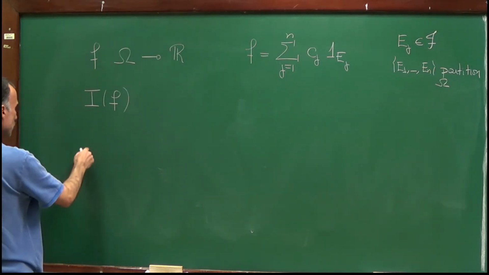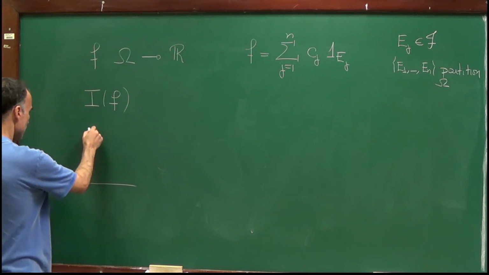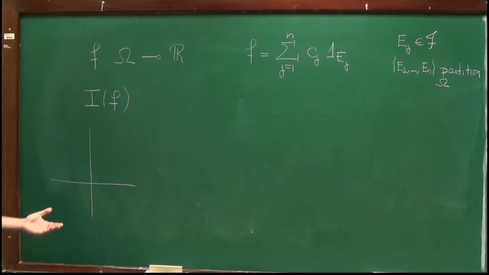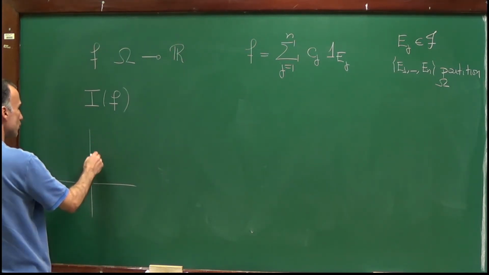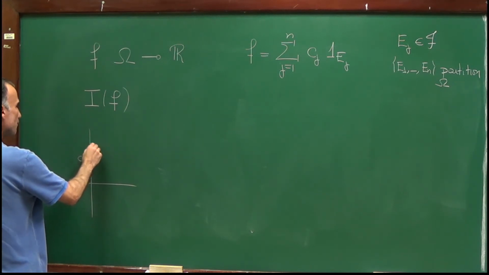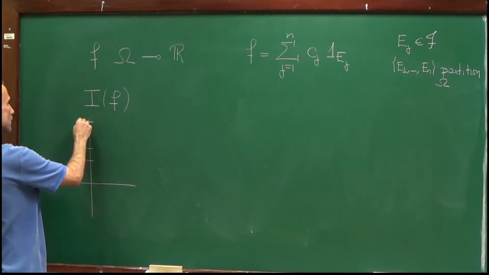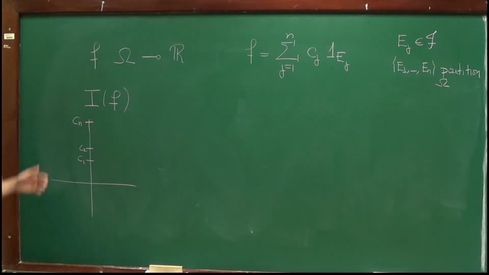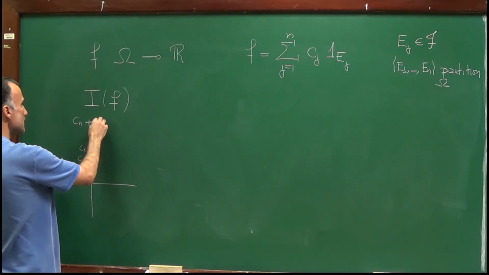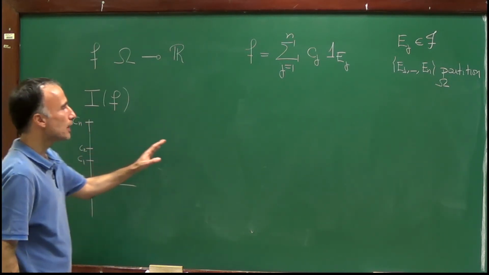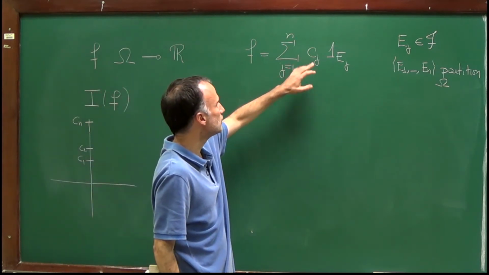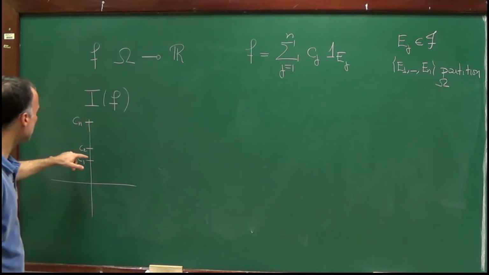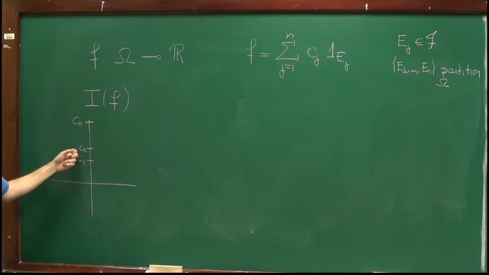What's happening here is that this function takes only the values c1, c2, ..., cn. They could be negative, but let me represent them by non-negative numbers. Remember that I'm not requiring these values cj to be different, they can be equal, so you can have more than one index j for which f takes the same value.